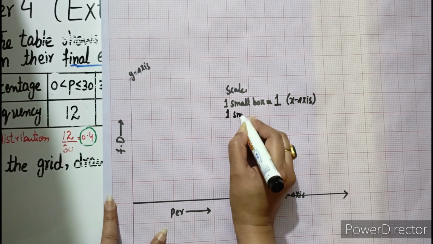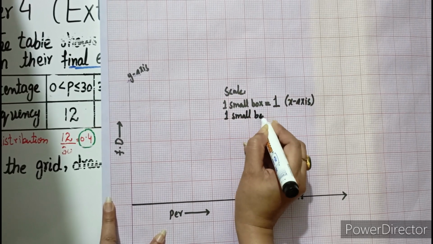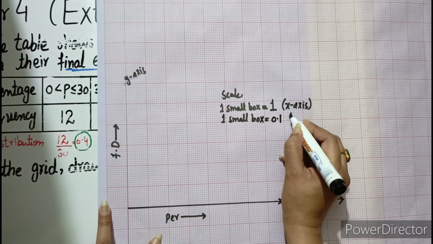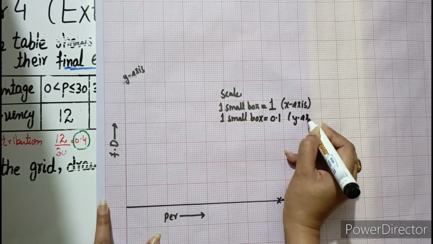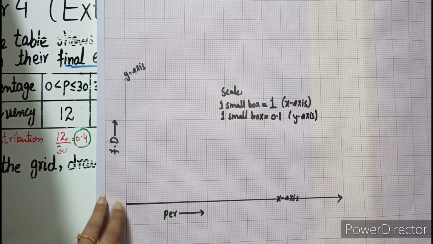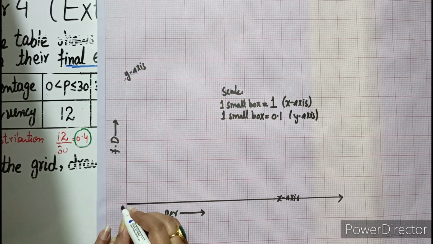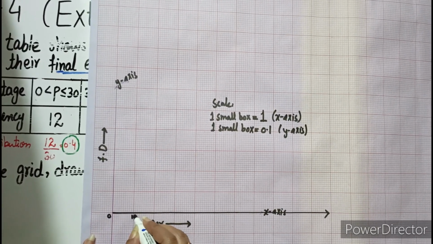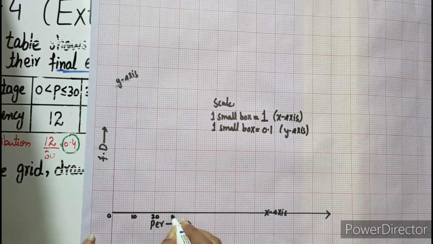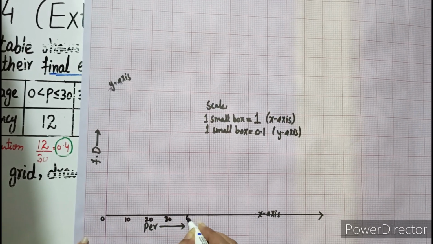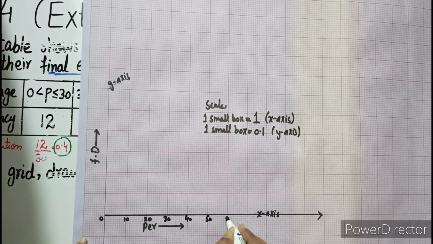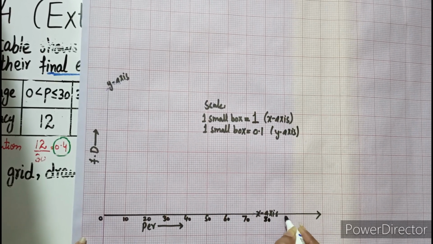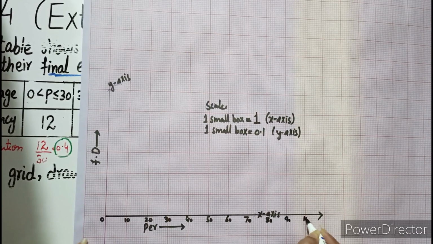One small box is equal to 0.1 for the y-axis. If I mention over here, it is 0. On this red line: 10, 20, 30, 40, 50, 60, 70, 80, 90 and 100.